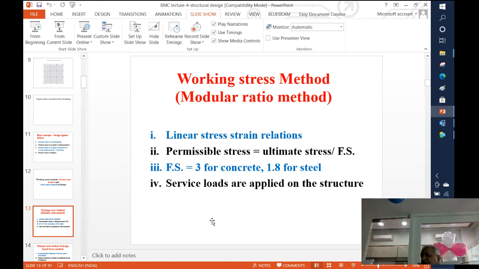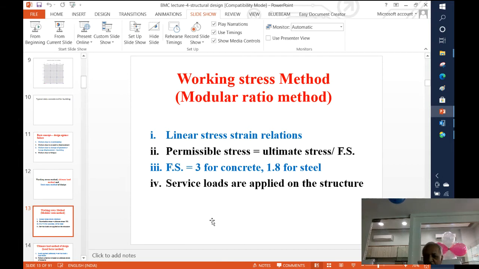The loads that we consider for the working stress method are the actual loads, the service load as we say. There is no load factor involved, no other factor by which you have to multiply the load. We consider the actual load on the structure, calculate the actual stress developed in the material, and see that it is within the elastic limit.